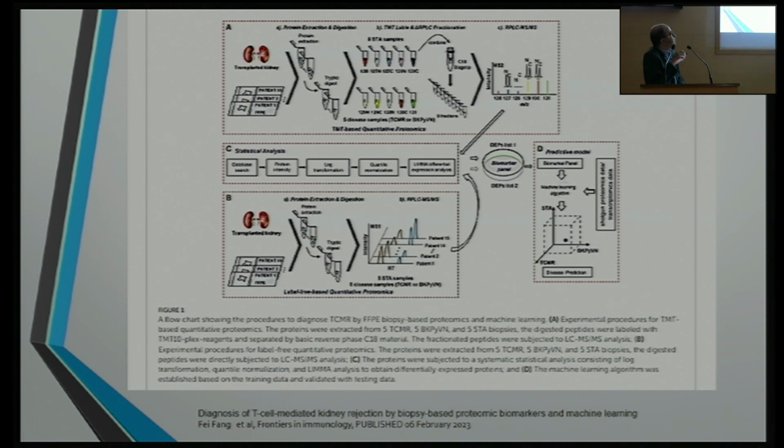And the data which was obtained went for statistical analysis, and they analyzed which are the differentially expressed proteins, or DEPs, in the T-cell mediated rejection group as well as in the BKV nephropathy group as compared to the stable graft function group. This database of differentially expressed proteins was then used in a machine learning model to develop a prediction model for predicting T-cell mediated rejection.